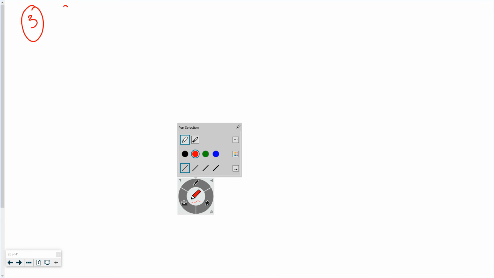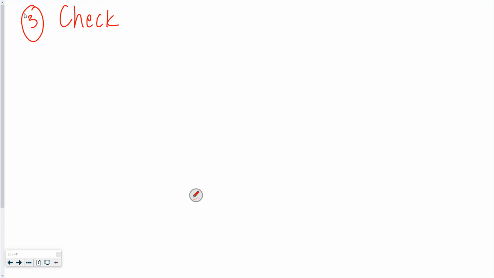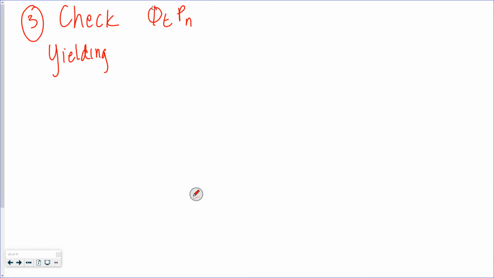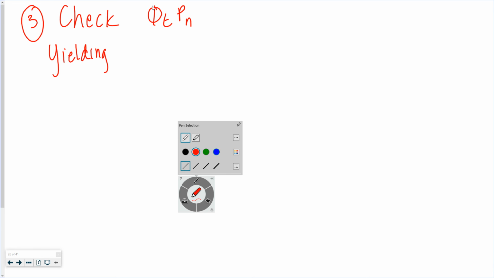So check design strength, right? So we'll write it just for fun, but yielding. If I go to chapter D, I can see, page 16.1-28, yielding, or you can look back in these notes.